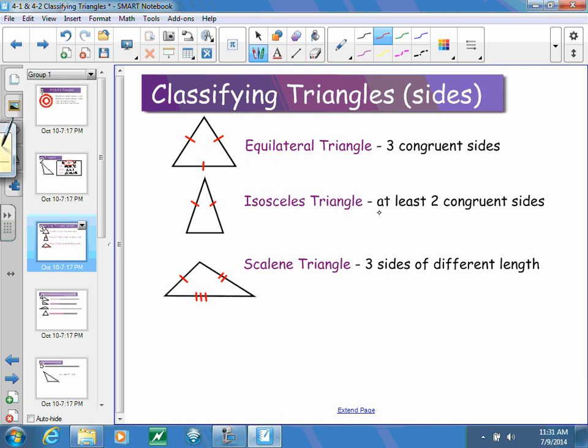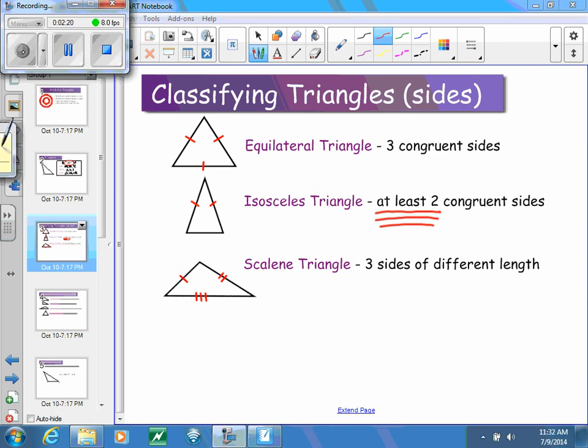Now, this is a slightly different definition than you might have from your middle school years of math. When it says at least two, that means you can have two sides congruent, or actually an equilateral triangle is considered an isosceles triangle. You need to have at least two sides being congruent. And then you have a scalene triangle, where all three sides are of different length.